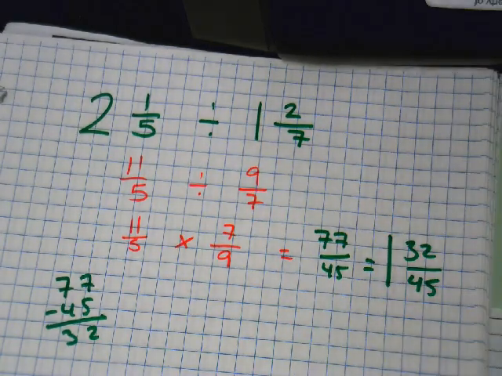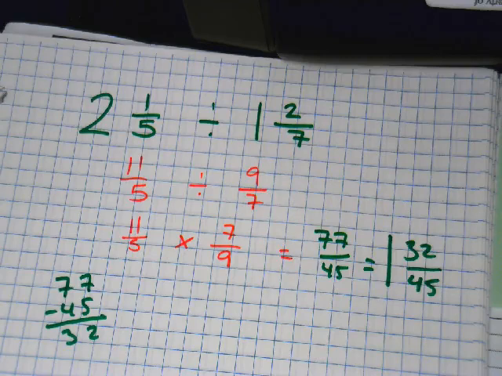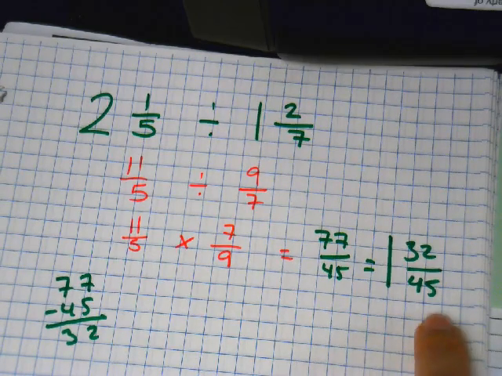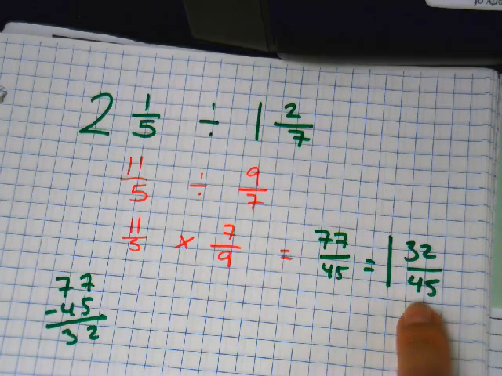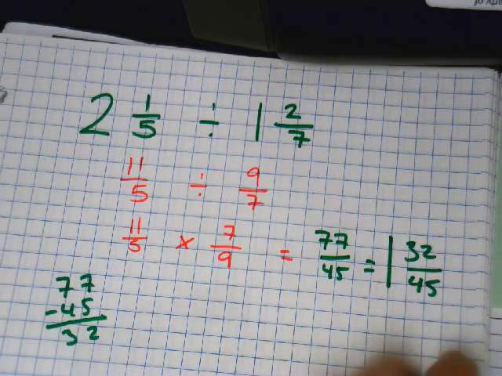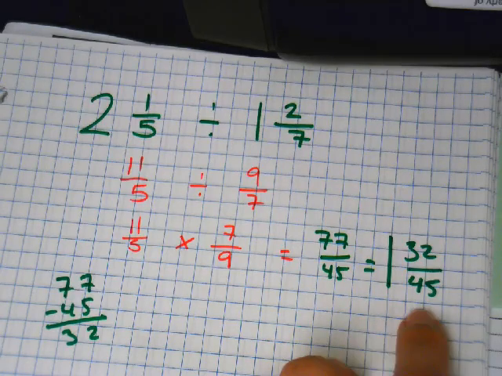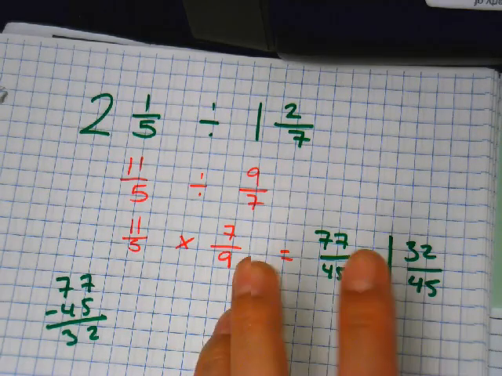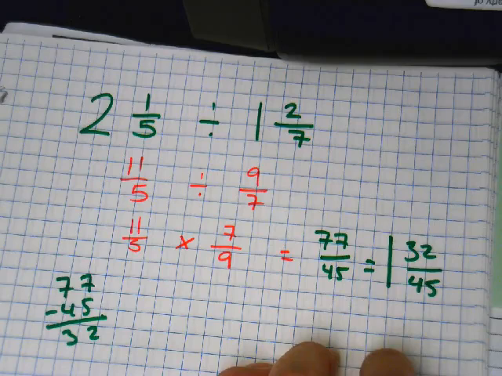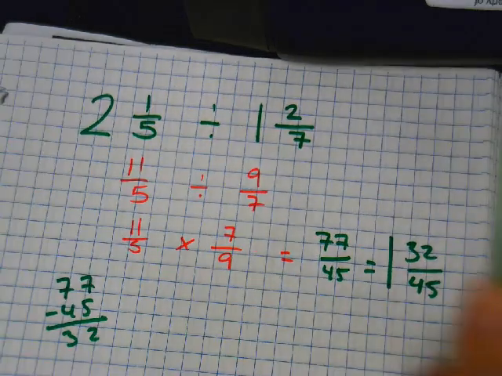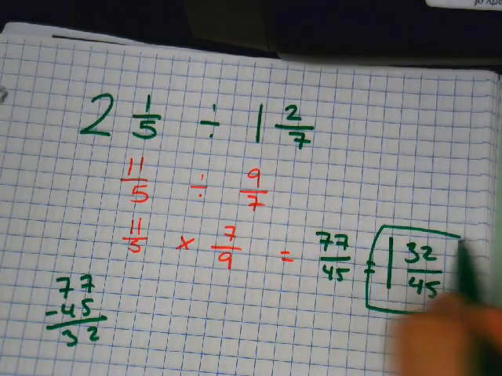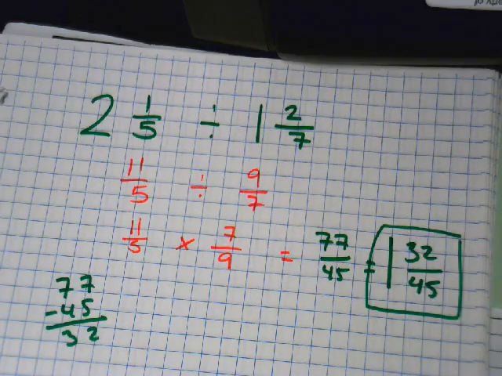And can I simplify 32 and 45? 45 factors are 1, 45, 5, 9, 32, nothing. So this would be your final one. Always check your corners, though.